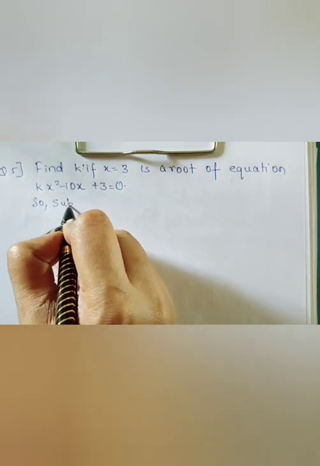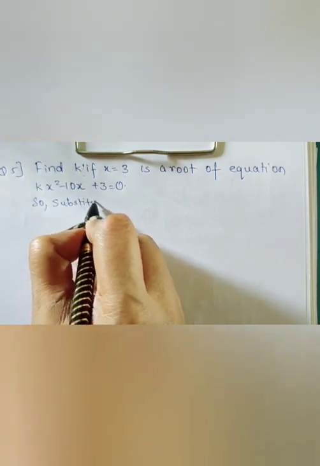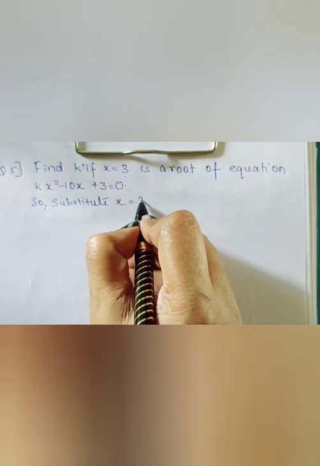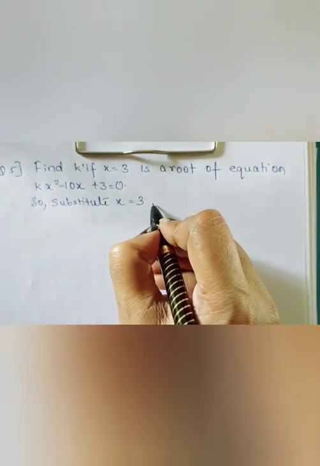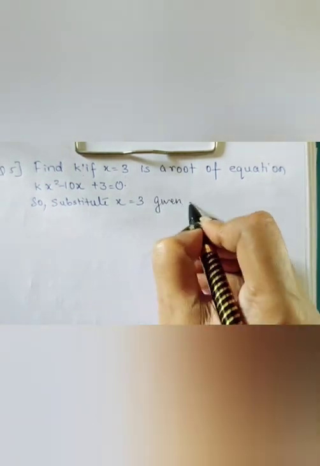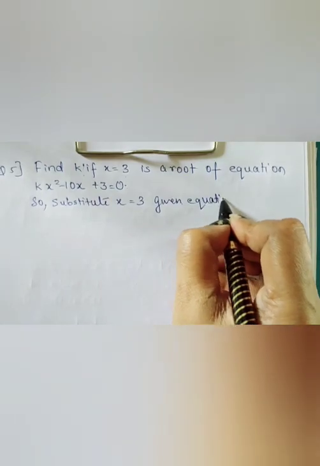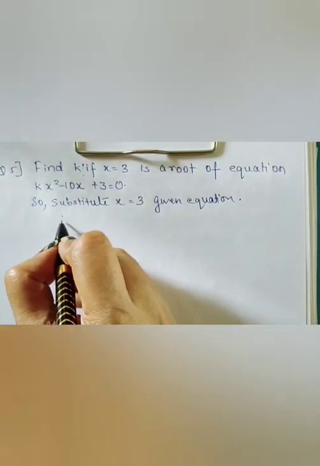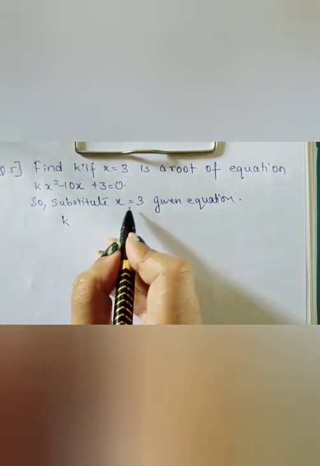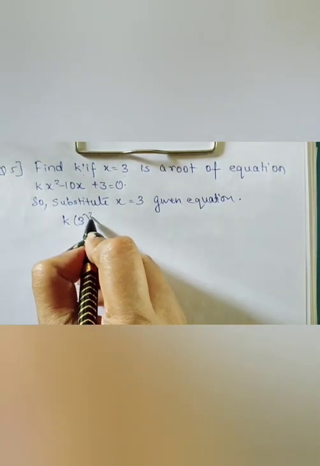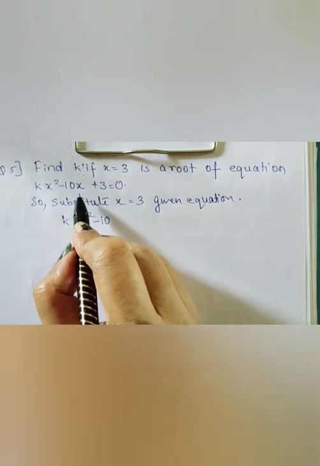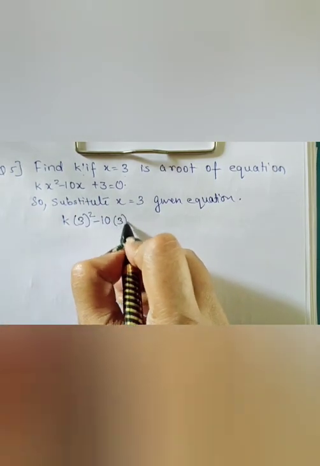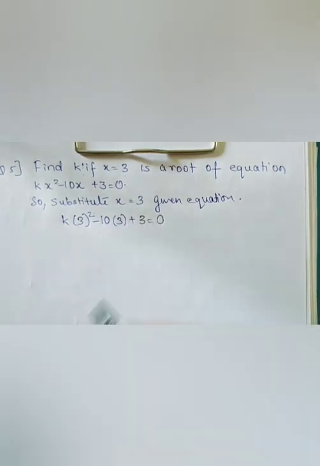So substitute x is equal to 3 in the given equation. So we'll write k, in place of x we are going to write 3 square minus 10, again in place of x we are going to write 3 plus 3 equal to 0.